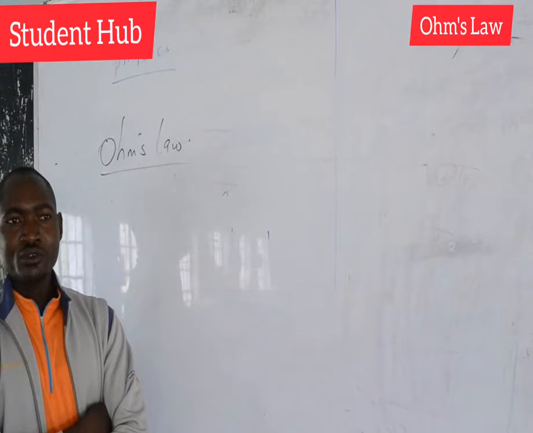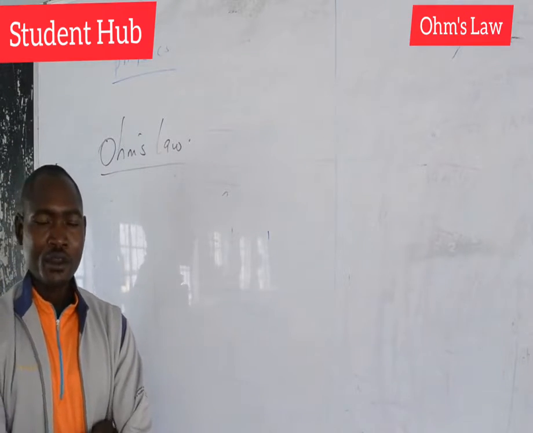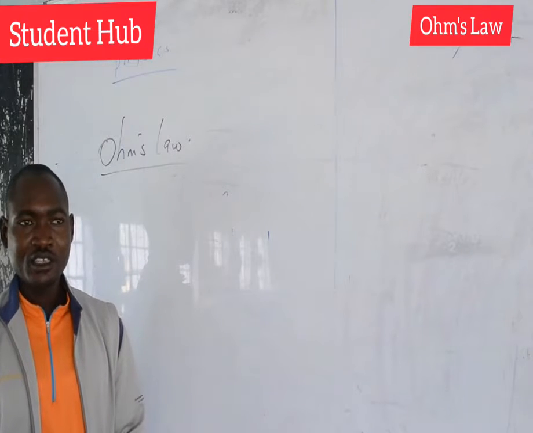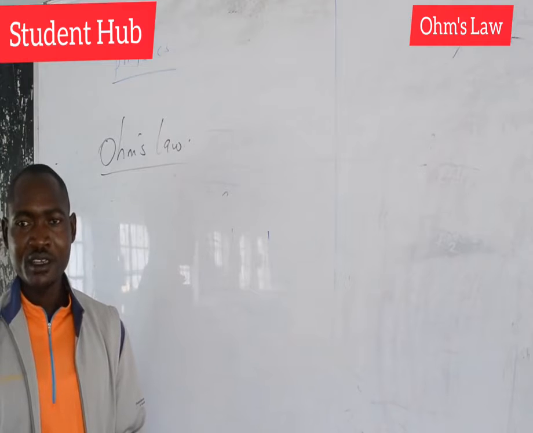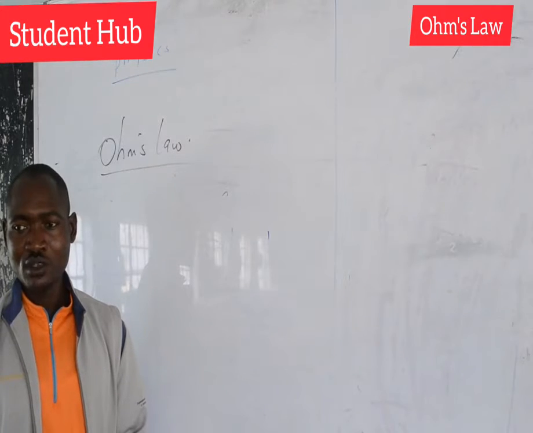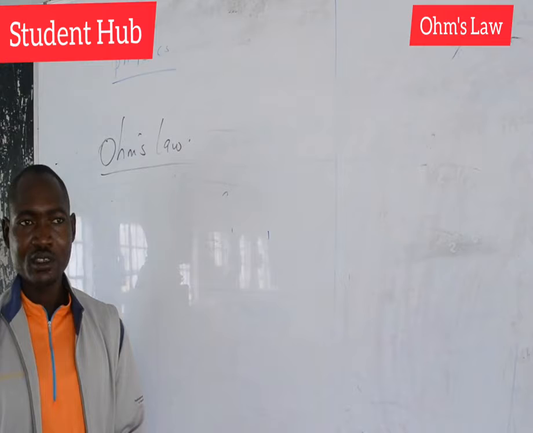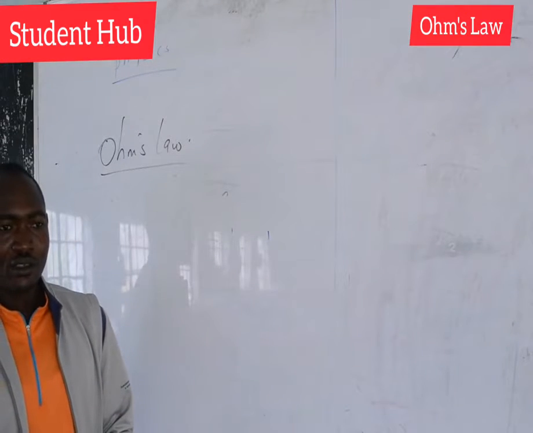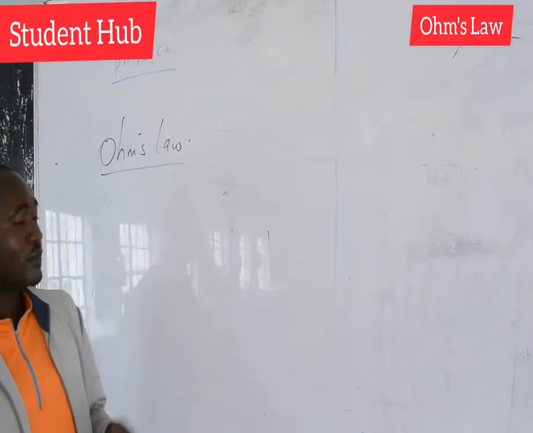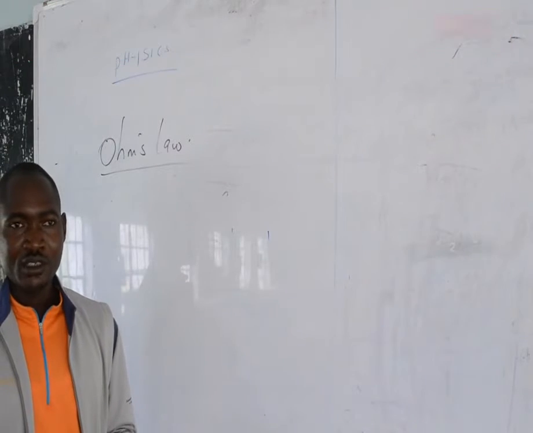Ohm was able to see the relationship between current and voltage. That's what Ohm did. So let us state the law of Ohm.